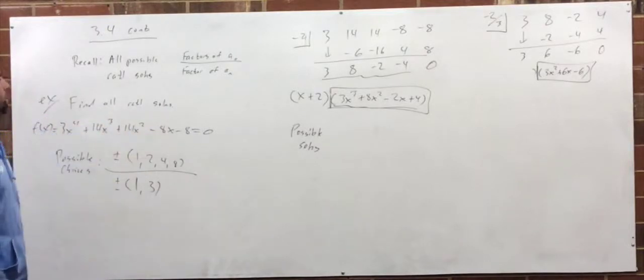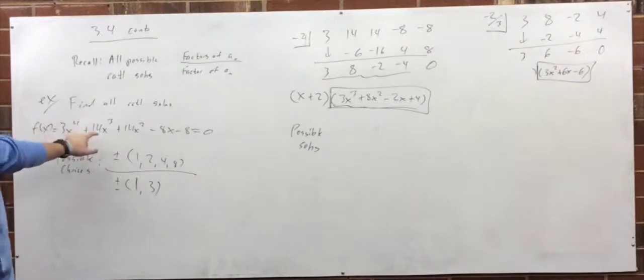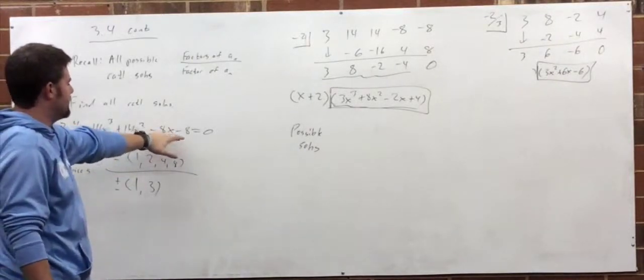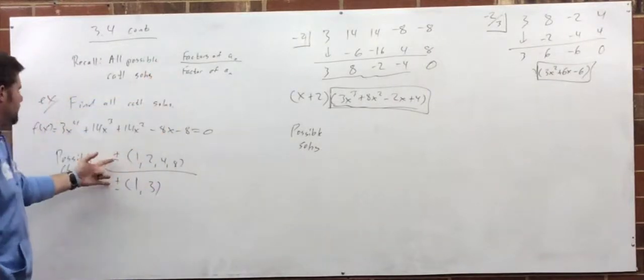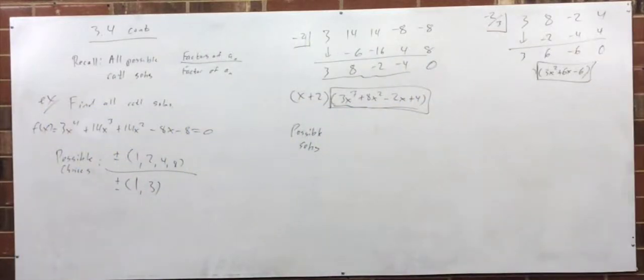We want to find all rational solutions of this equation: 3x^4 + 14x^3 + 14x^2 - 8x - 8 = 0. Well, using our rule, we know what the factors of the constant and the leading coefficient are.